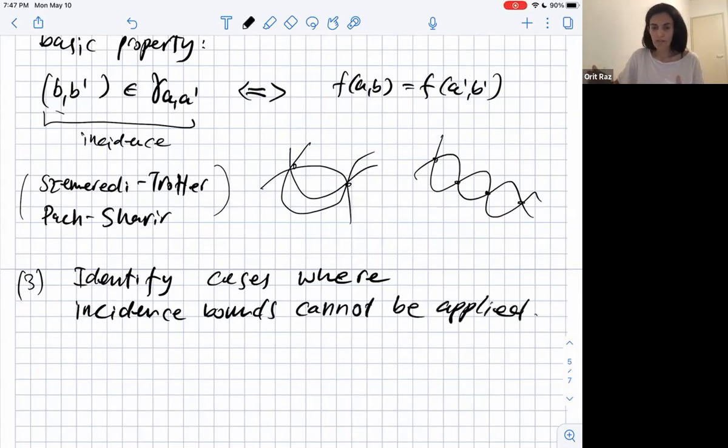So we knew that there must be cases where the incidence bound cannot be applied. How come we knew that for some functions f the incidence bound will not apply?